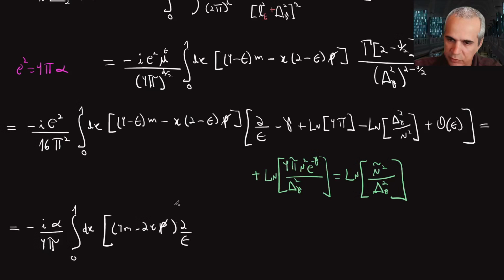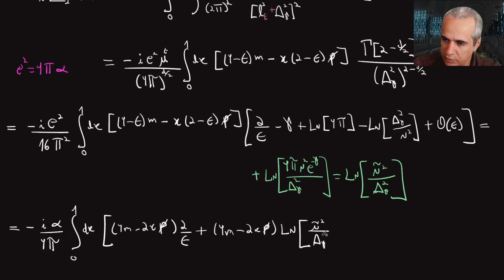It's 2 over epsilon. So I take the terms that are independent of epsilon here, multiply by these, and that is the diverging part. Now I have this log here multiplied by the finite part on this side, which is just 4m minus 2x p slash times the log of mu tilde squared over delta gamma squared, right?